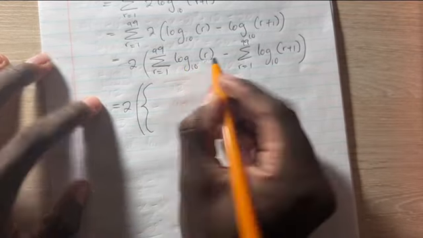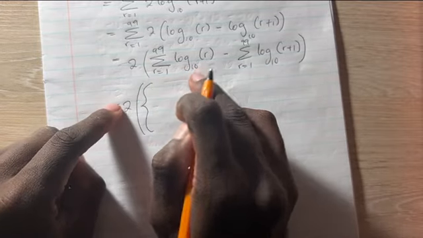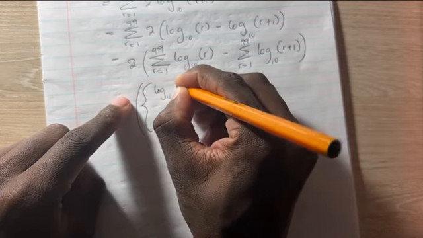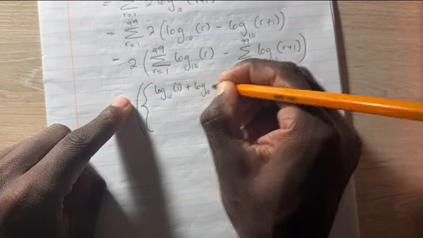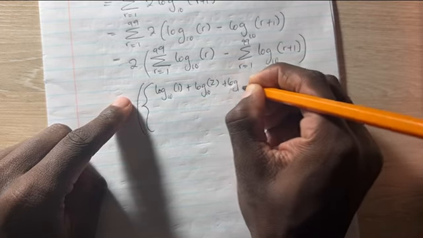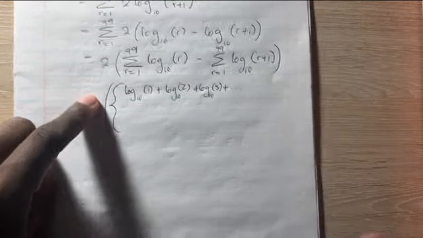We are basically opening up this sum. At r equals 1, we're going to have log base 10 of 1. At r equals 2, log base 10 of 2. R equals 3, log base 10 of 3. Plus dot dot dot, there's going to be a lot more.